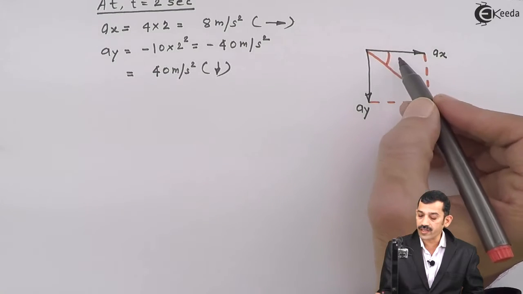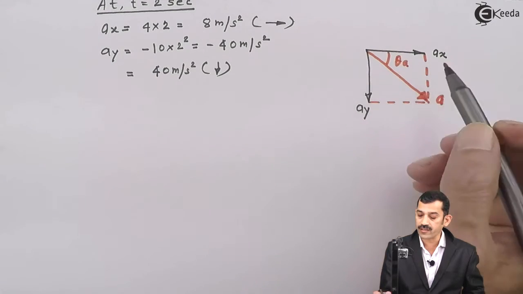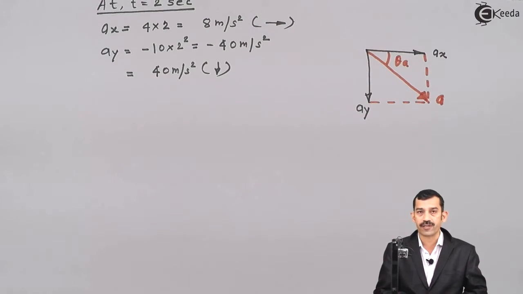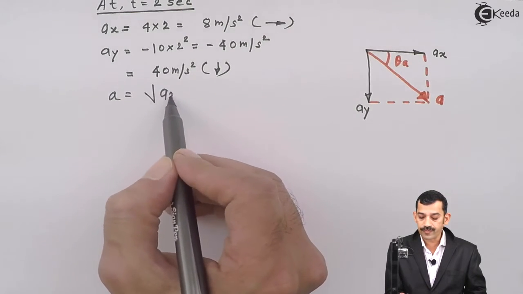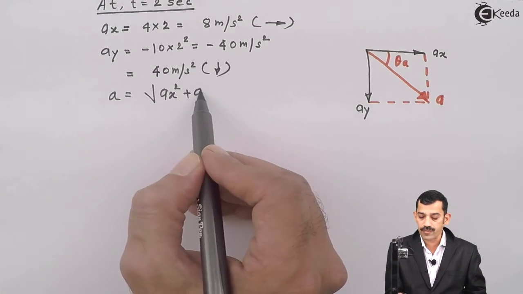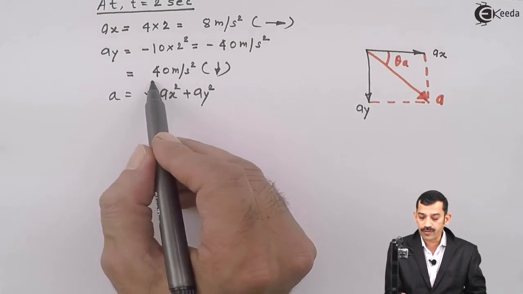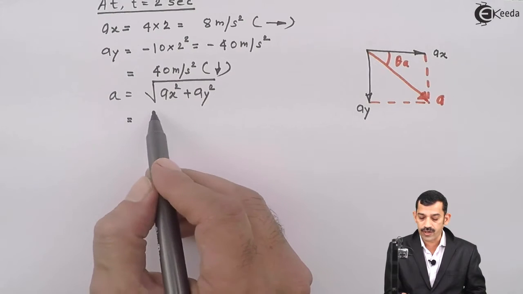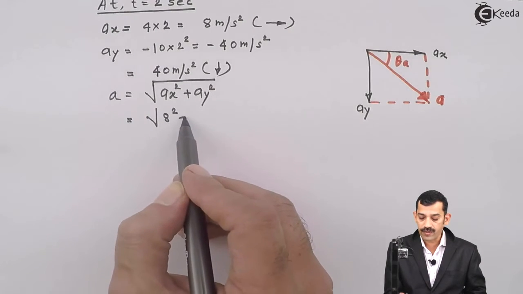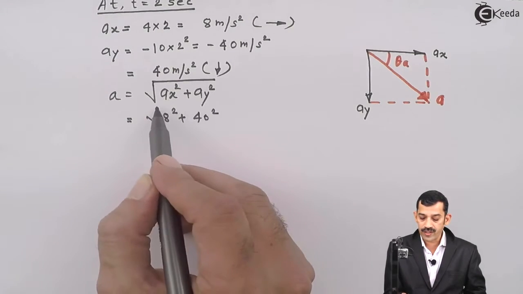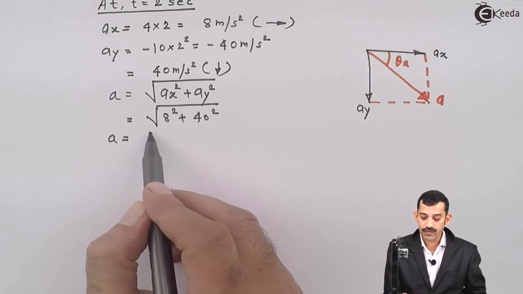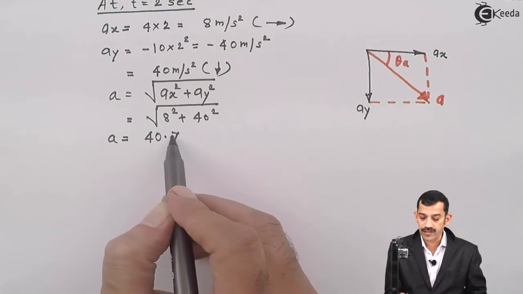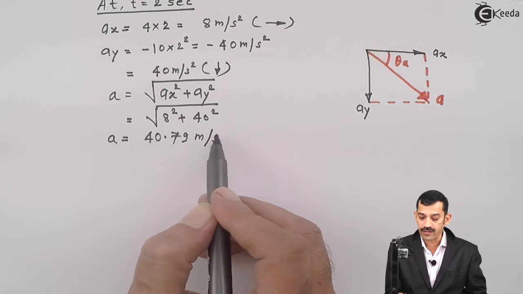The resultant acceleration's inclination I will write as theta suffix a, that means the inclination of acceleration with the horizontal. Magnitude of a equals square root of ax square plus ay square. If we substitute here, 8 square plus 40 square, this resultant acceleration, calculated using a calculator, comes out to be 40.79 meters per second square.